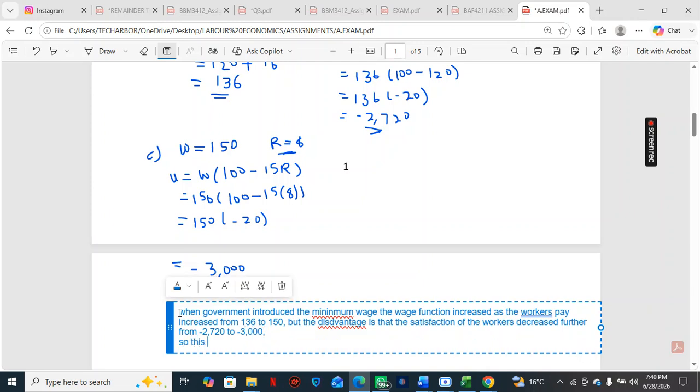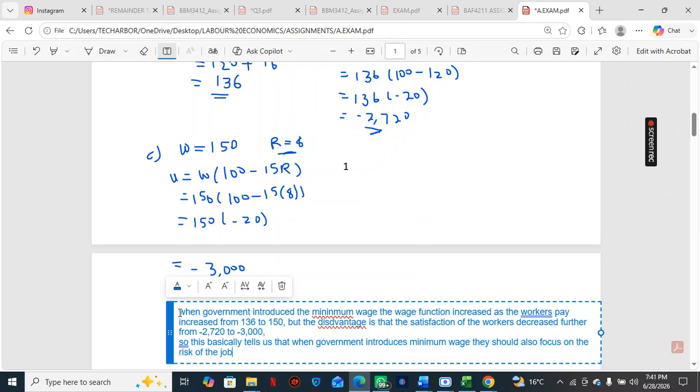So this basically tells us that when government introduces minimum wage, they should also focus on the risk of the job in order to increase the satisfaction of the workers.